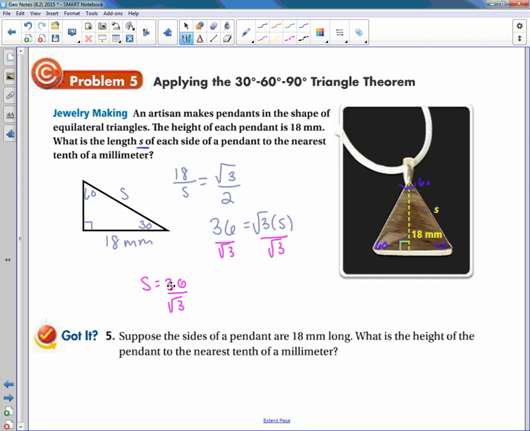At this point, I'm going to multiply it by square root of 3 over square root of 3, and I get 36 times the square root of 3 over 3. Now I can reduce that. 3 will go in here 12 times, so it's 12 times the square root of 3. That would be my final answer.